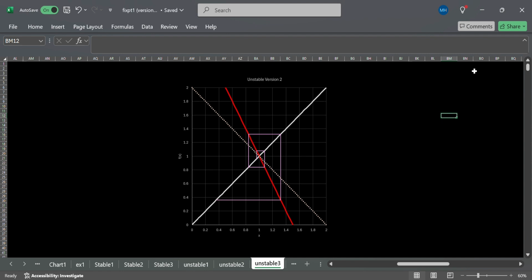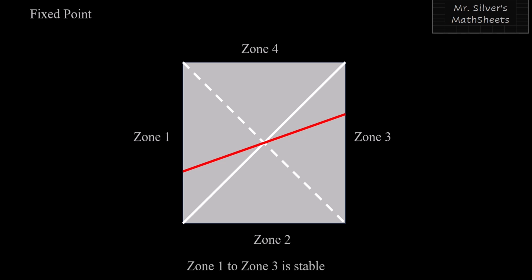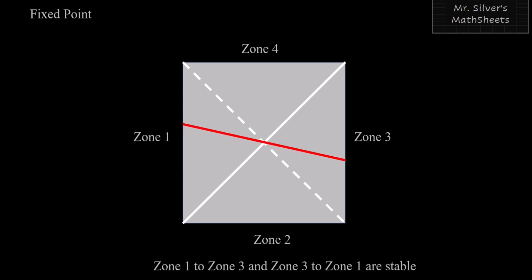Let's just go over what makes a stable and an unstable. There are 4 zones here. Zone 1 is the triangle to the left. Zone 2 is the triangle down below. Zone 3 is to the right. Zone 4 is above. Stable methods go from zone 1 to zone 3, or from zone 3 to zone 1.